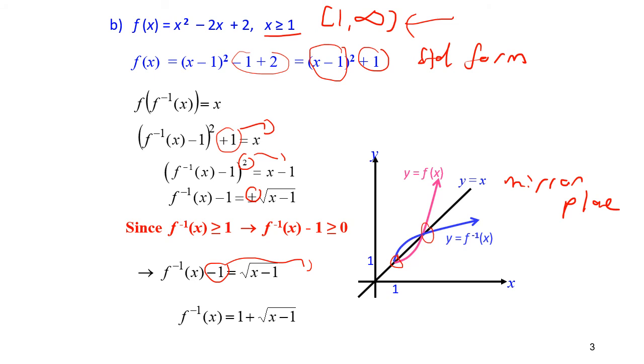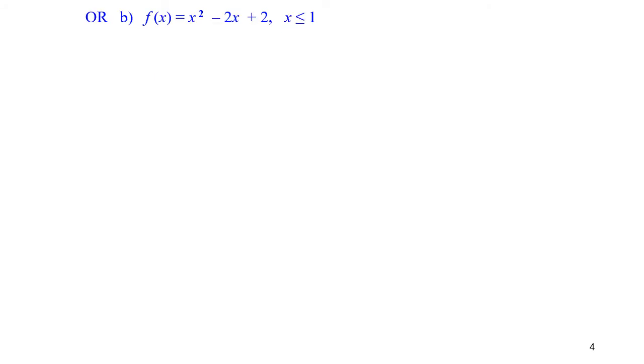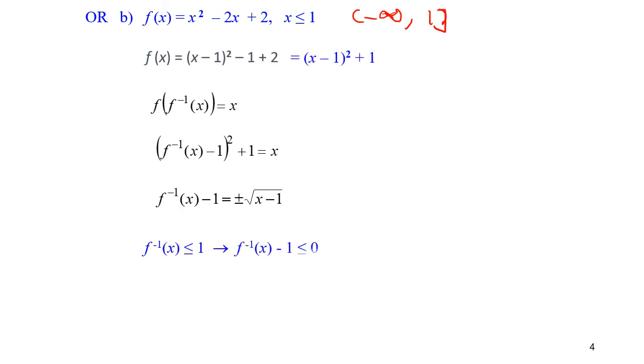Now we move to the second possibility of the inverse. This time it is for the restricted domain (negative infinity, 1], that is for x less than or equal to 1. The process is the same. The difference is here: before this we had plus or minus.